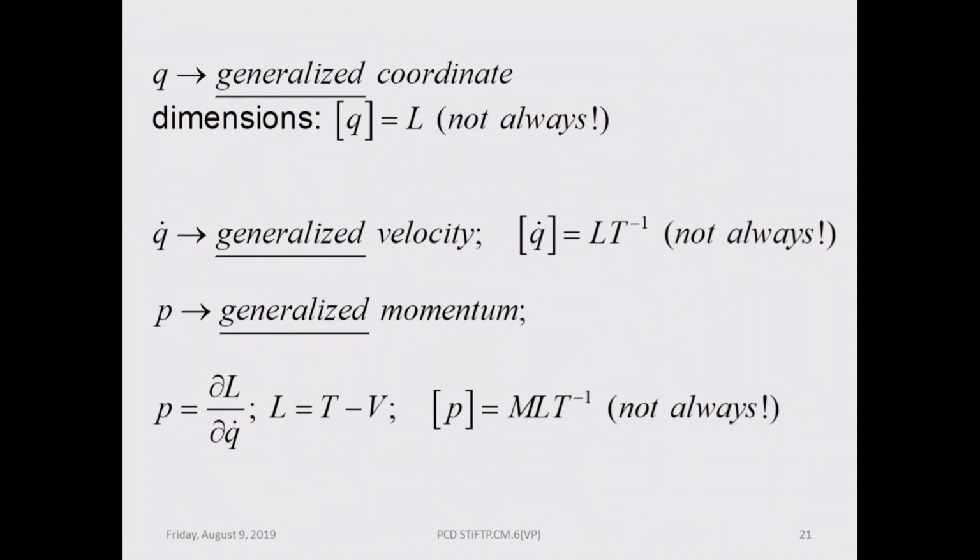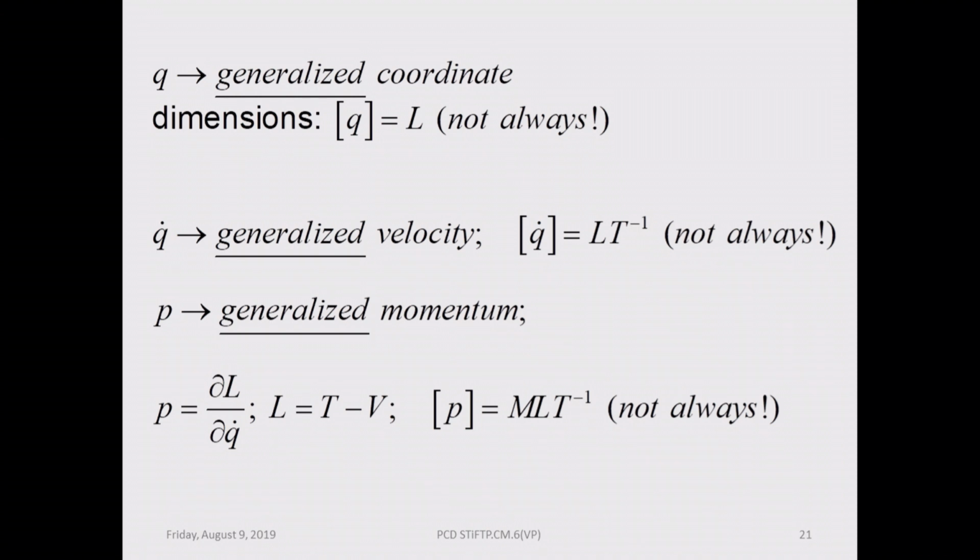Okay, so we will discuss this analysis in terms of generalized coordinates, generalized velocities, and generalized momenta. So the generalized momentum, we just now identified that del L by del Q dot is the momentum, which will give you the consistent formulation with Newtonian mechanics.